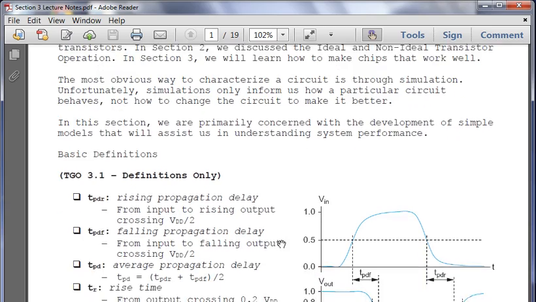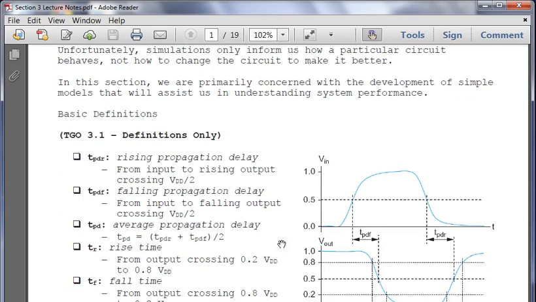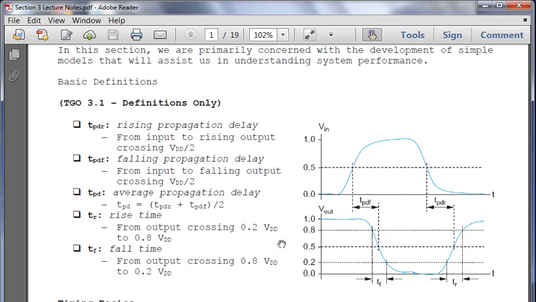So we have 5 metrics for these delays. First one we're going to talk about is rising propagation delay. It's the amount of time it takes, TPDR, from when the input changes to a rise on the output.